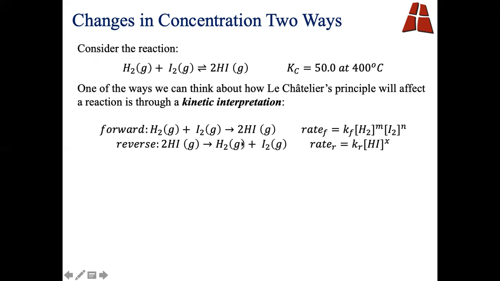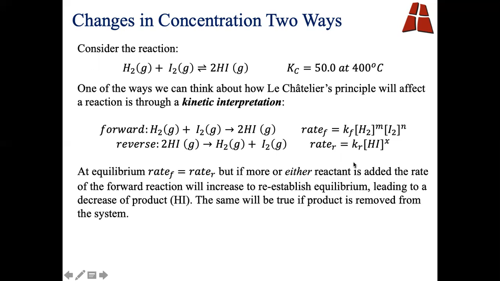We could also write a reverse reaction for our products going back to our reactants, and that rate would have a different rate constant, a rate constant for the reverse reaction, and it would be multiplied by the concentration of HI to some power as well. Okay? And so we know that at equilibrium, the rates of our forward and reverse reactions will be equal.